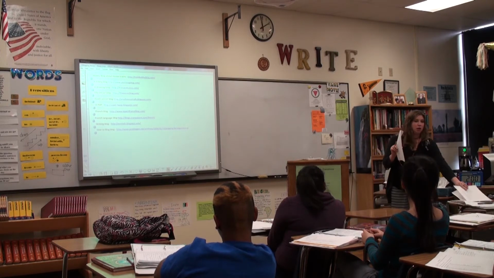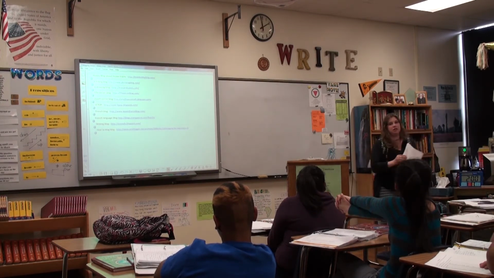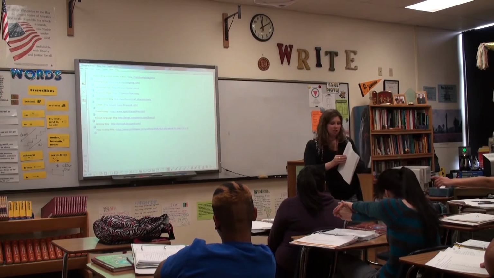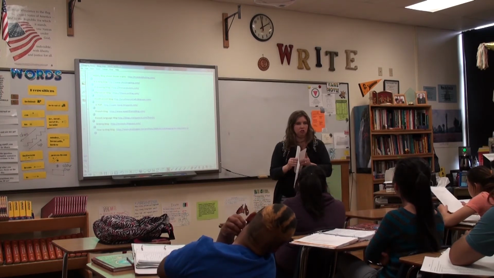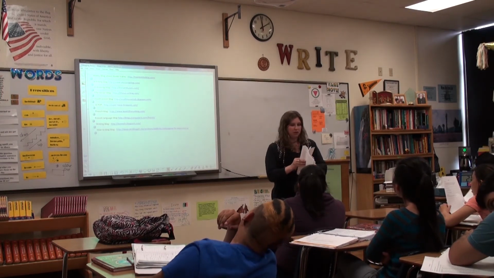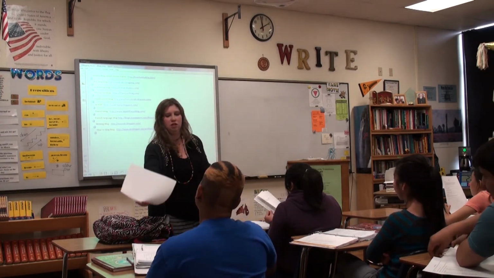So if you wanted to write one, you could do it. And they're free, and you can put it out there, and anybody can see it. I actually have some that were about my favorite thing, my children. So I put that up so that my mom could see it. Wherever she was in the world, she could watch.